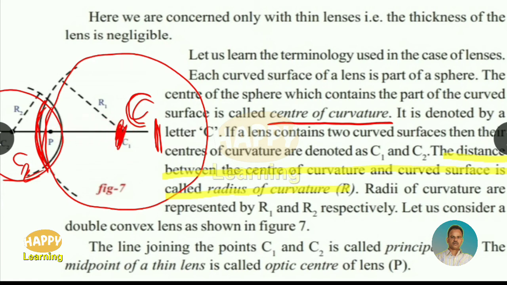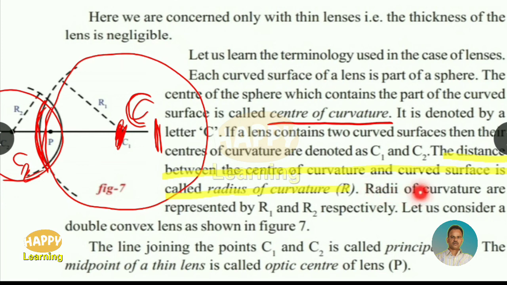Similarly, from P to C2 on the other side, this is R2. So one surface, one sphere, one center, one radius. Second surface, second sphere, second center, and second radius.